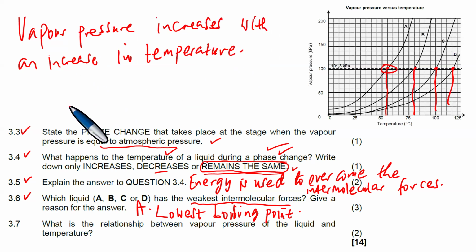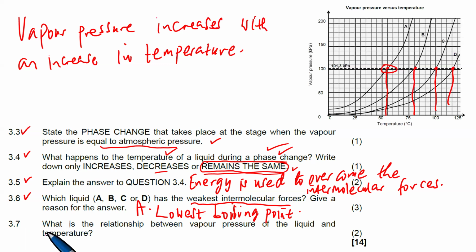So the vapor pressure increases with an increase in what? In temperature. Okay, so that's something that you need to take note of. So in 3.7, that is the answer.